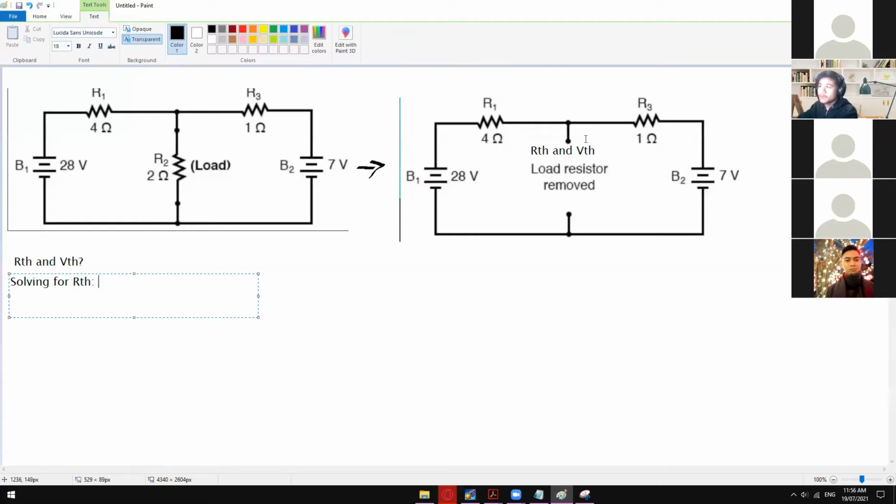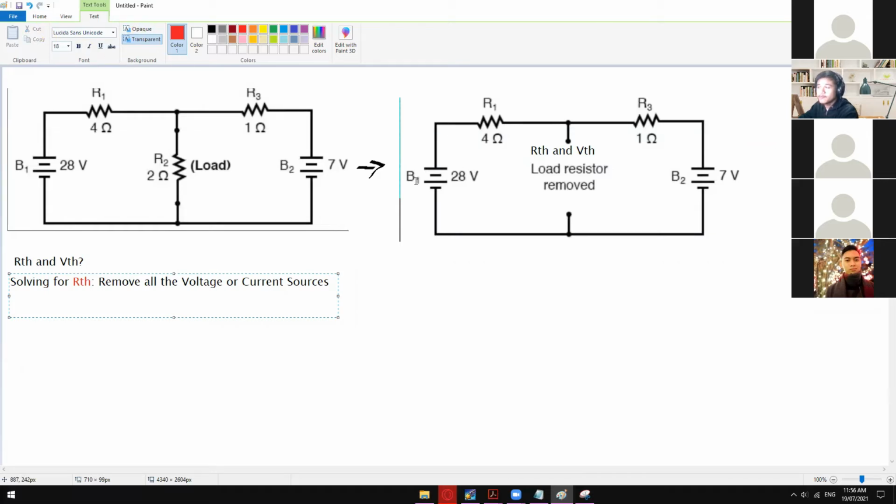So after removing the load resistor, or after opening that one, we have to remove all the voltage or current sources. That is the second step for us to be able to find the RTH. As simple as that.